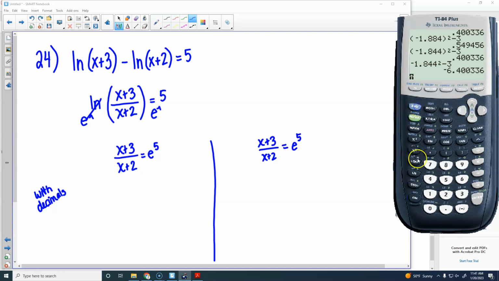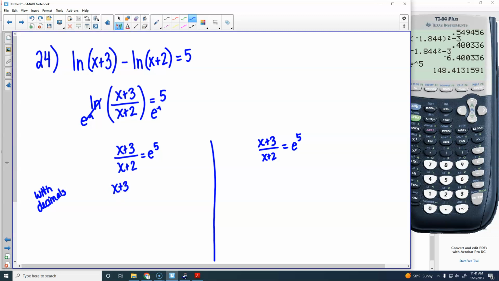So, e to the 5th is 148.413. And I'm going to just write down 413, but I'm going to keep that whole number in my calculator.